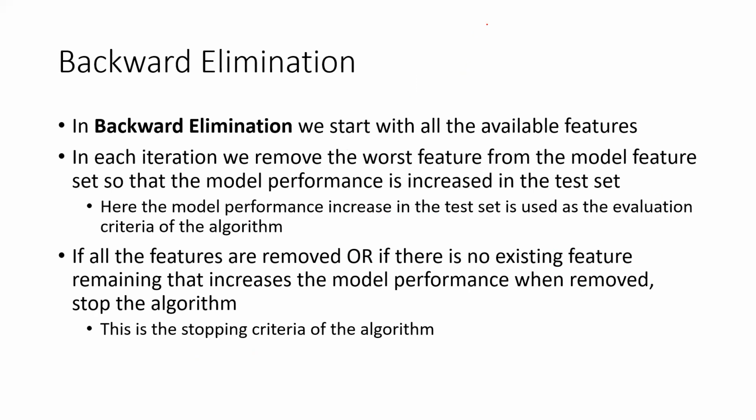So instead of starting with zero features, we start with all the features: x1, x2, and x3. So what we do is we remove one element at a time, like we try x1 and x2, x2 and x3, x1 and x3, right?